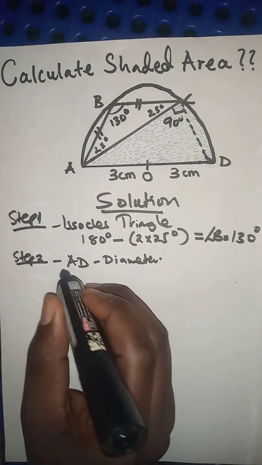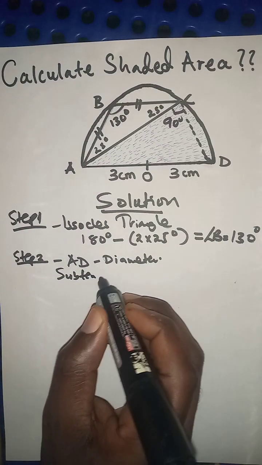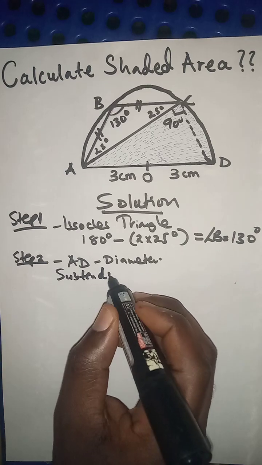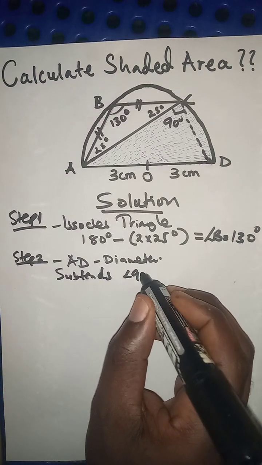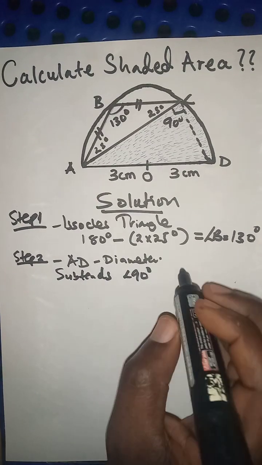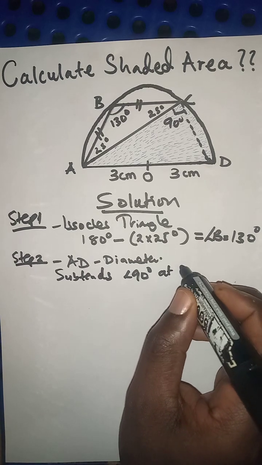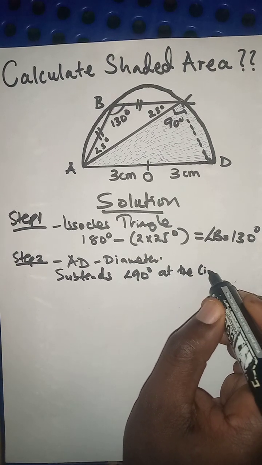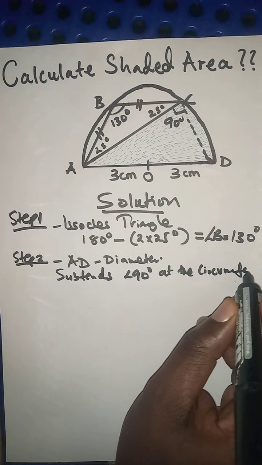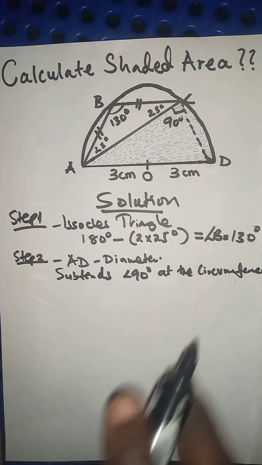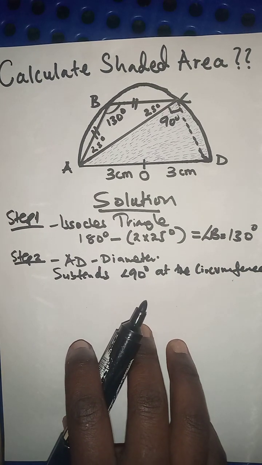So it subtends an angle of 90 degrees at the circumference of any given circle.